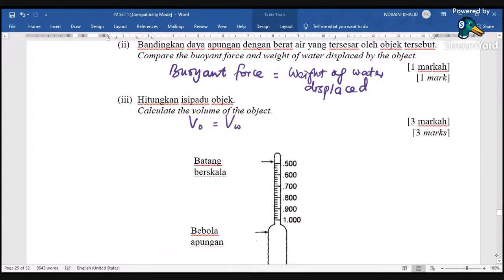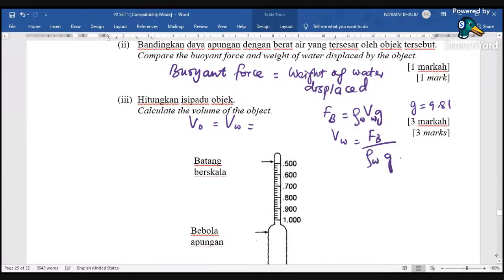So how to get the volume of water displaced? By using the formula buoyant force equals rho Vg. Buoyant force equals weight of liquid displaced, in this case water. So density of water multiplied by volume of water displaced and g, where g is 9.81. So the volume of water displaced equals buoyant force divided by density of water times g.